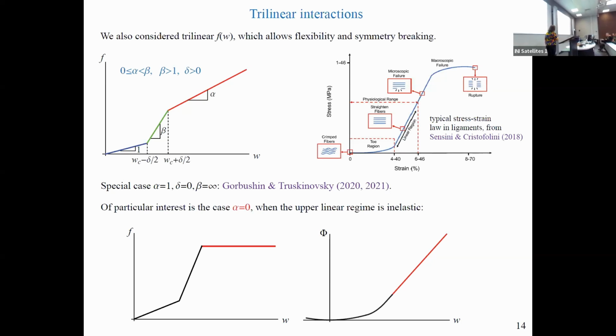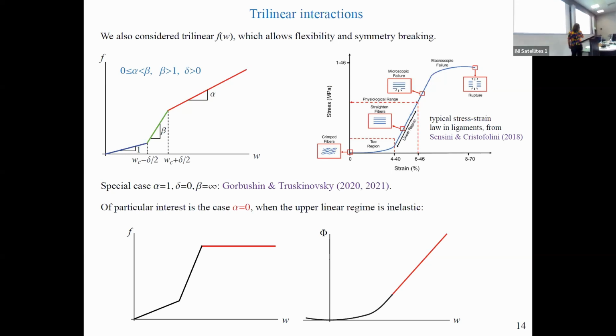It turns out that when I measure the stress strain curve in tendons, they are very soft here, and then they have this kind of linear regime, and then they become stiffer. So that's the soft type of stress strain law that they see in this type of material, and that's what we assume here.